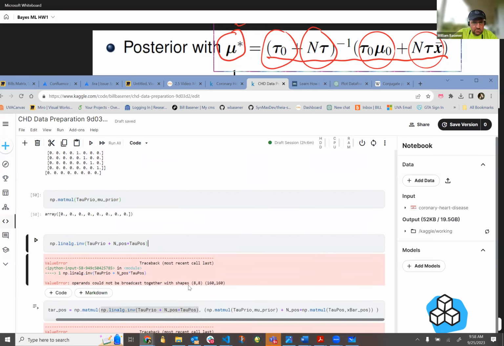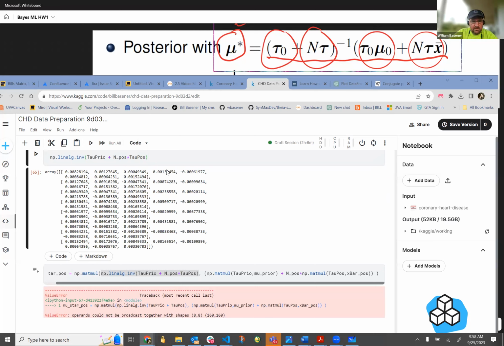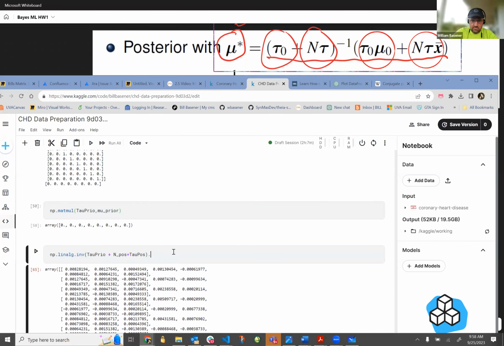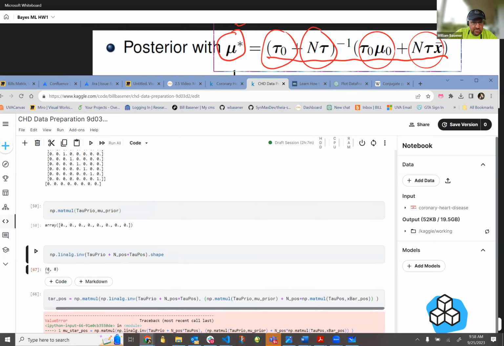Okay, so this should give us, yeah, that gave us no problem. So now we can get our answer down here. So its shape is 8 by 8. So that is this piece.